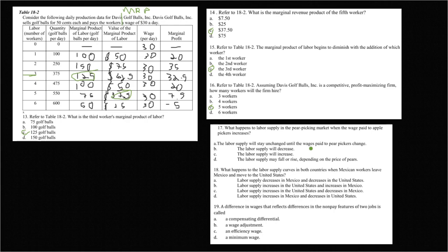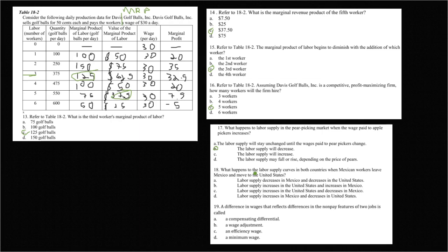Pear picking and apple picking are probably very similar jobs. Then these pear pickers will go join the apple picking market because they're going to make more money. So the supply in the pear picking market will decrease.